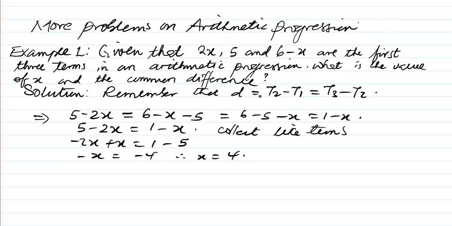Then placing it into the terms of the sequence, 2x, 5 and 6 minus x, can be written as 2 times 4, 5 and 6 minus 4. So that gives you 8, 5 and 2.